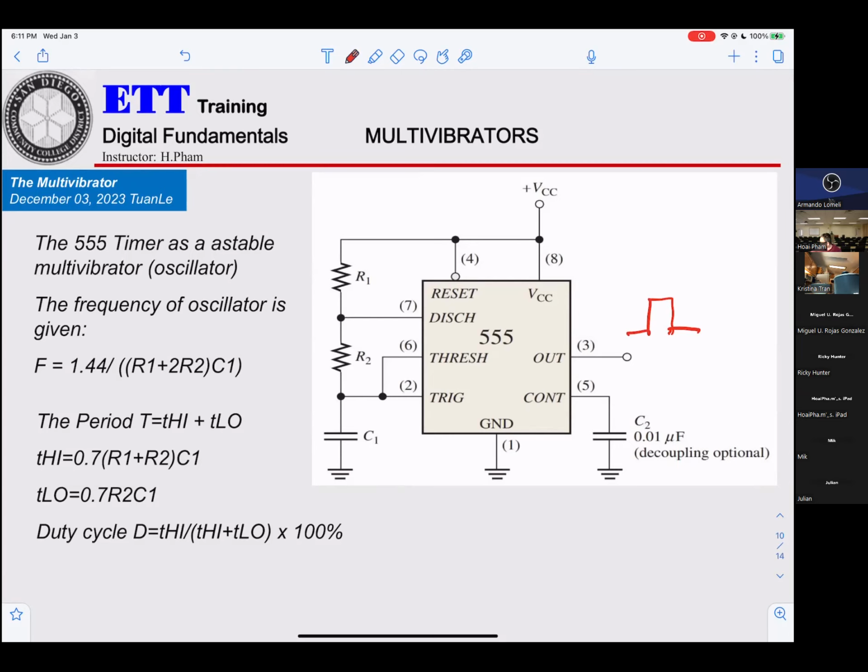That's what they call a one shot. Now the astable: the output goes up and they keep going, they keep going. That's the difference between one shot and astable.